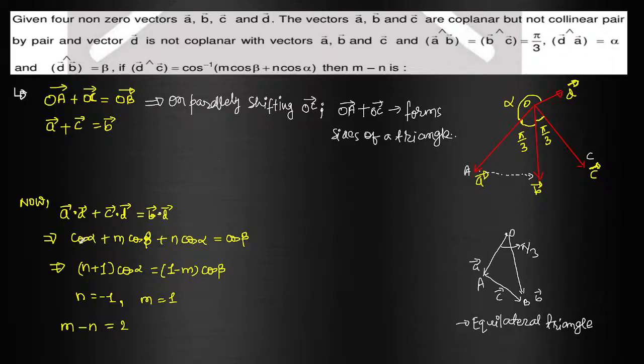So this will come out with A, B, C are equal, since it is an equilateral triangle.